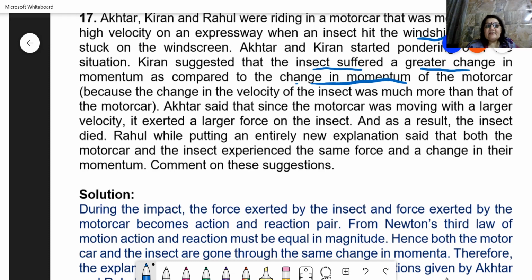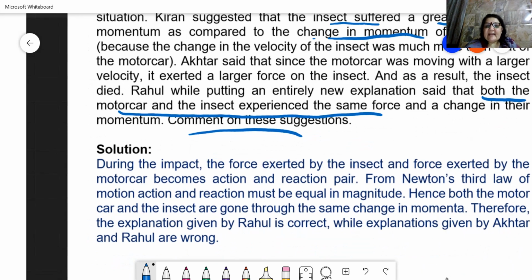Now the third person is Rahul, who gave a new explanation and said that both the motor car and the insect experienced the same force and the same change in their momentum. So you have to comment on these suggestions: who is saying it right?